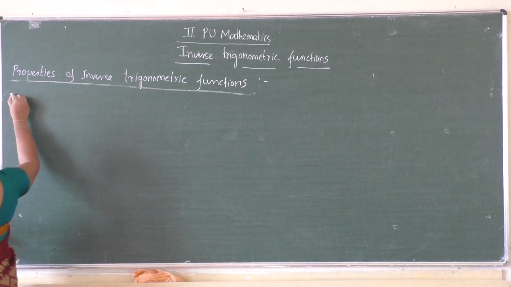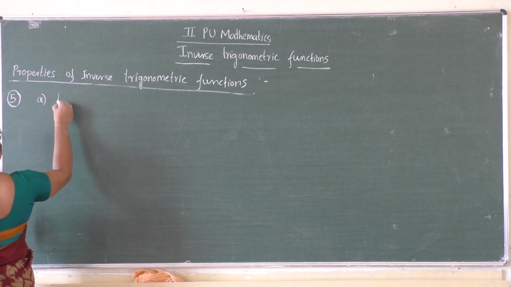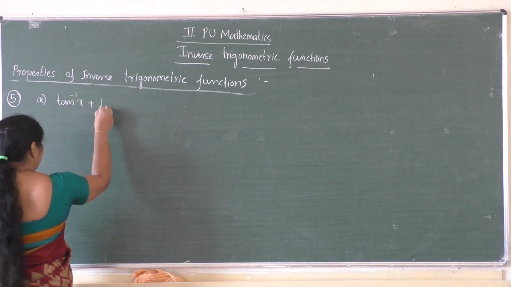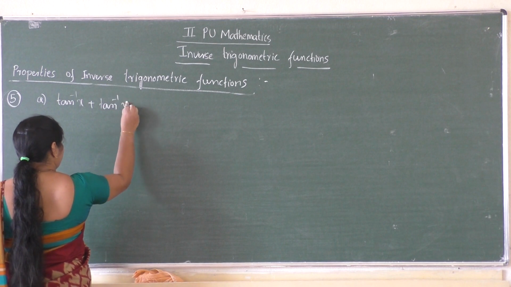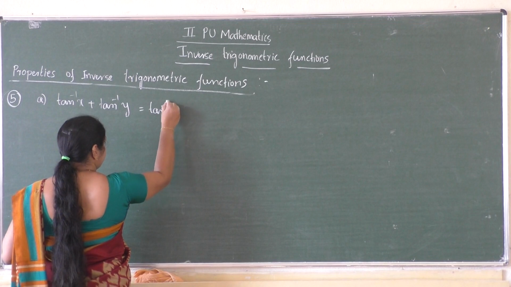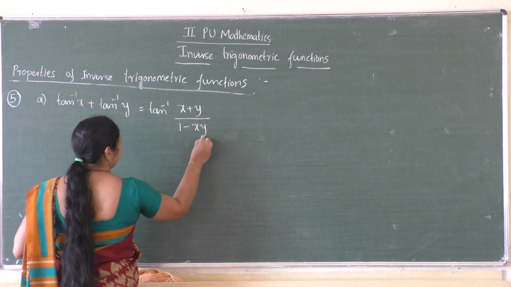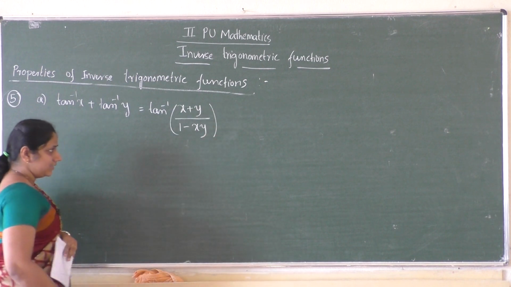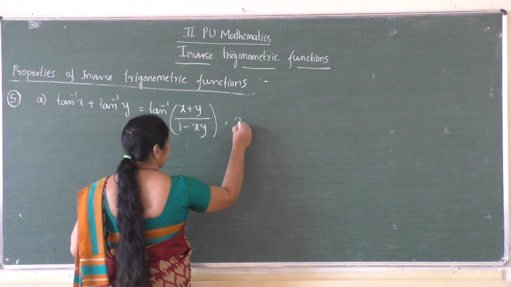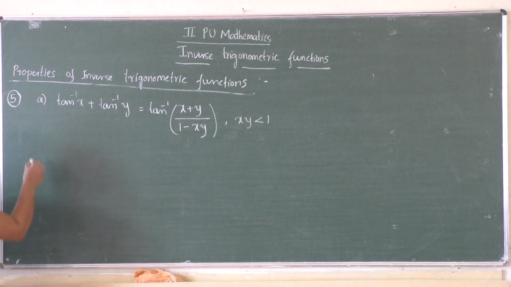That is the fifth set. First one, tan inverse x plus tan inverse y equal to tan inverse of x plus y by 1 minus xy, where xy less than 1.